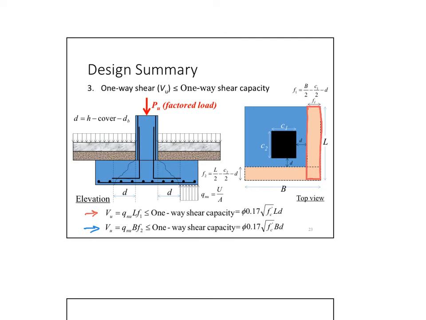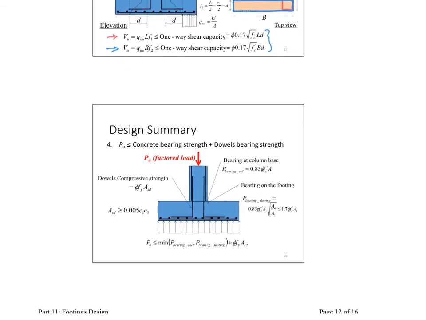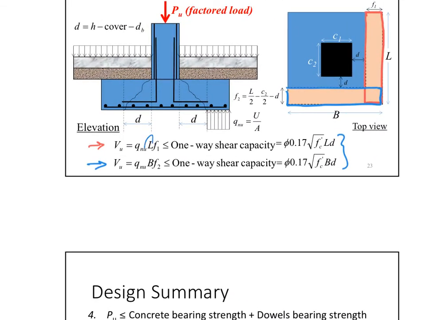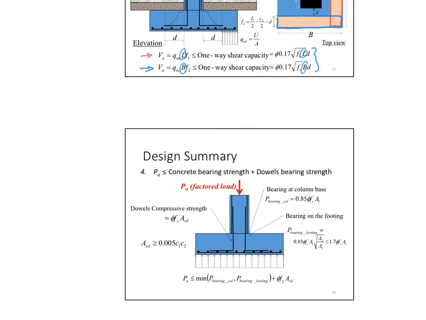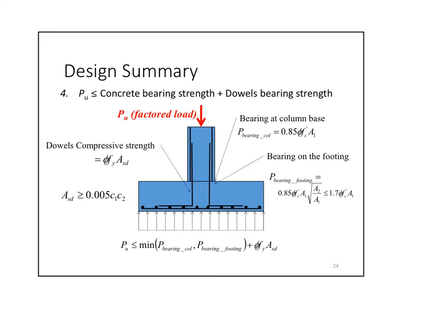And then I multiply B times f1, so the blue is this. And then for each one, I have to check against the applicable phi Vc. Remember, if it's L here, it's L here. If it's B here, it's B here. Each one.